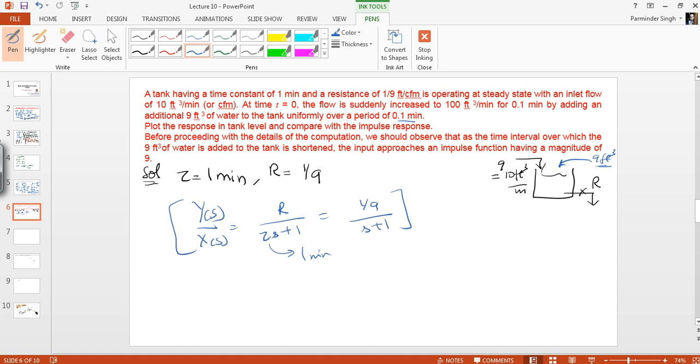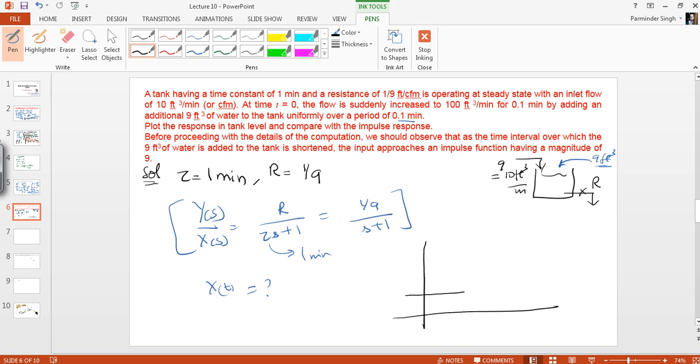But now we need to find out x(t) first. x(t) has been defined such that an additional 9 feet cube is added over a period of 0.1 minute. So let's try to find x(t).